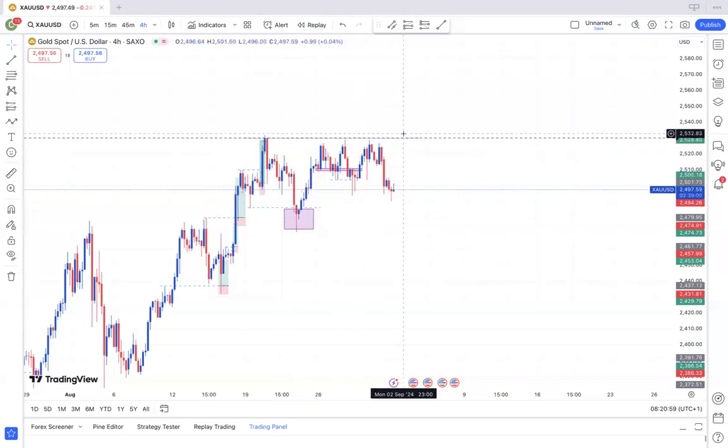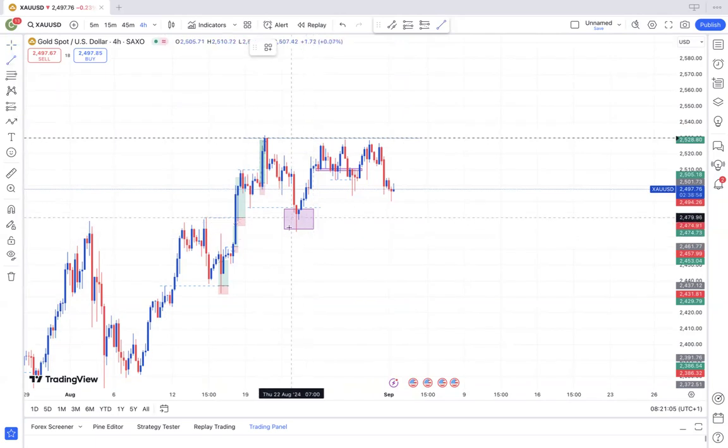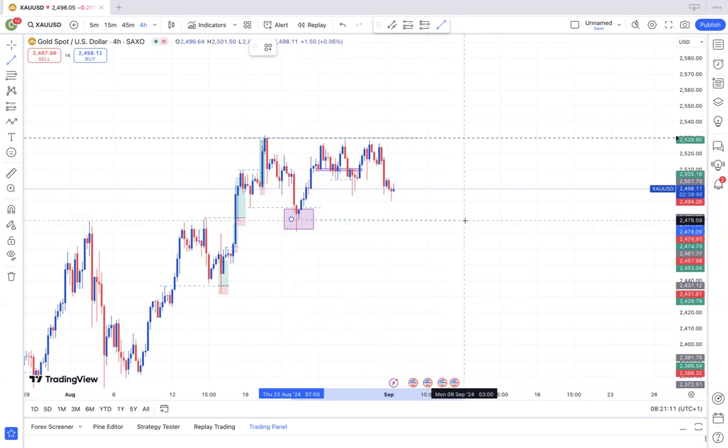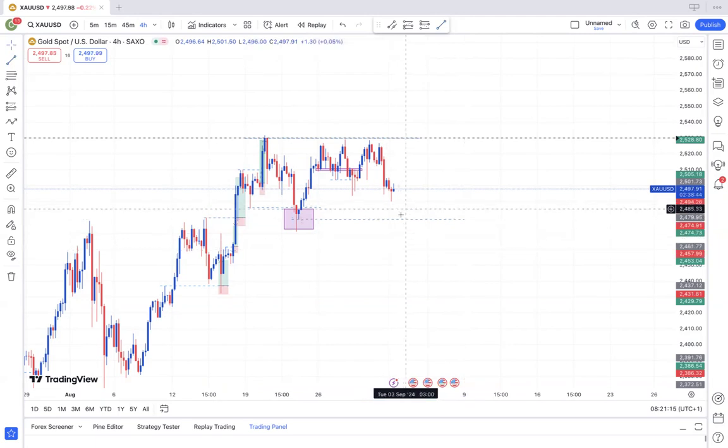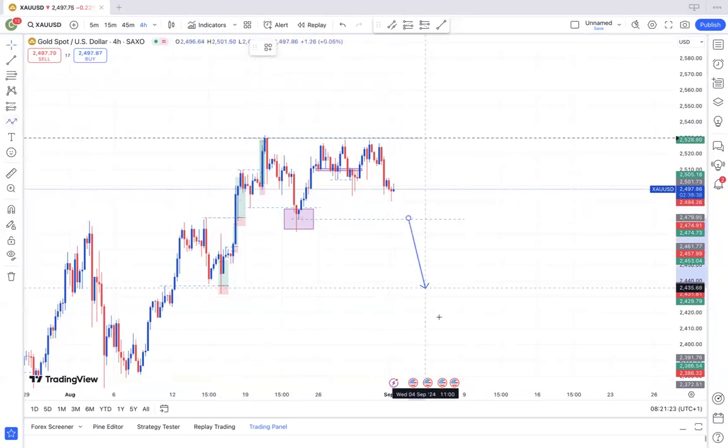So for me, it's two things. If gold should break past this area that is here, this region, if gold breaks past this area, we would see the continuation of the sales all the way here to these areas.